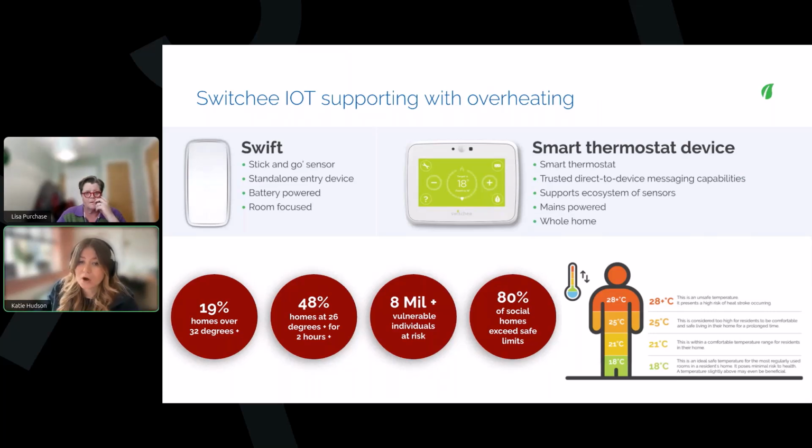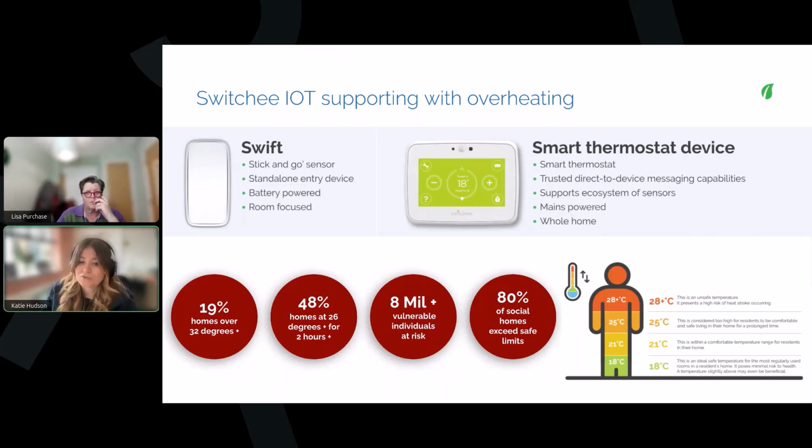So Zetetick partnered with Switchee to better understand how heating was being used across its supported housing portfolio via our smart thermostat device. With energy costs rising and vulnerable residents at risk of overheating, the organisation needed greater visibility into conditions inside the home.